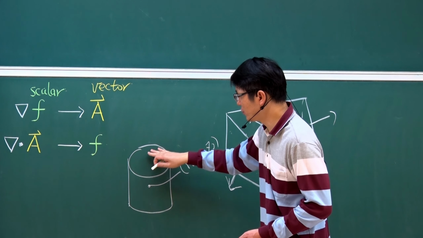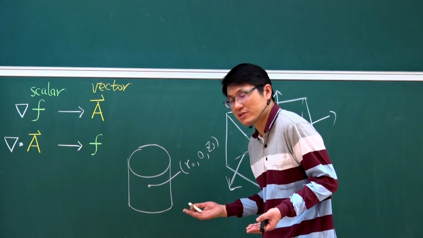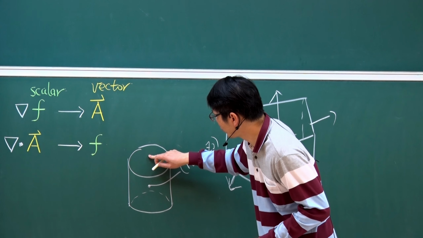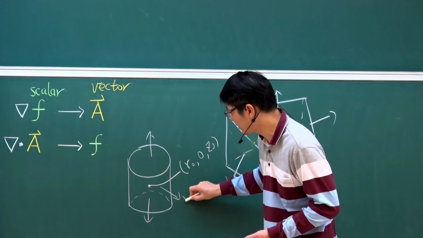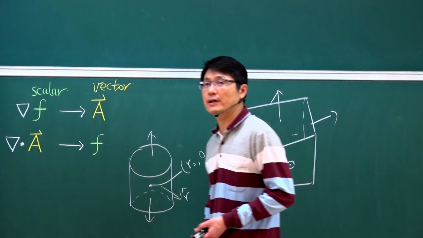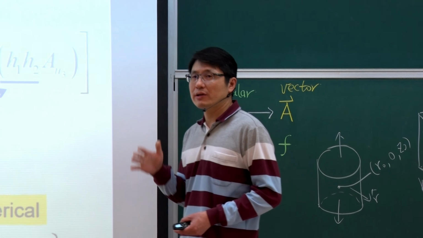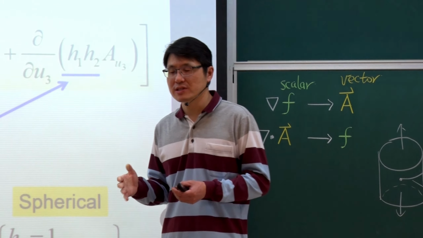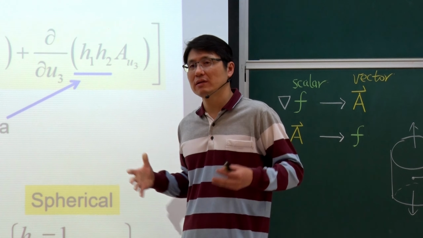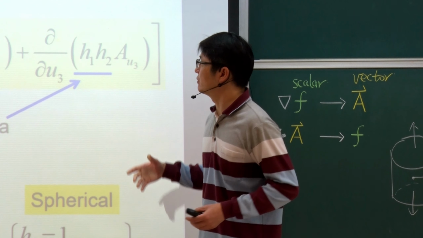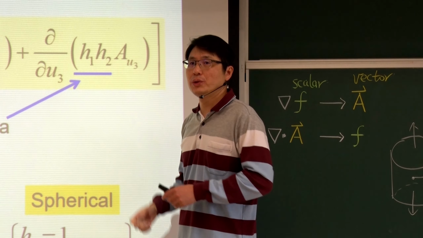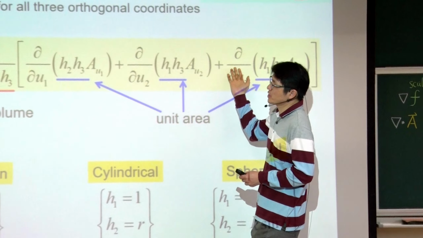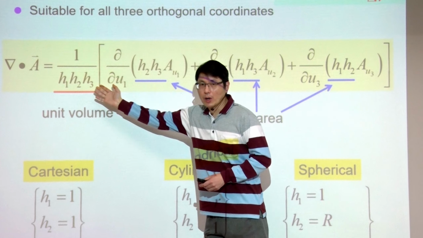Somehow you have only 3 surfaces: one surface going out, one going down, another surface in the R direction. So try to calculate the divergence and evaluate all the fields going out according to this definition, and you will see whether this generalized expression holds or not.